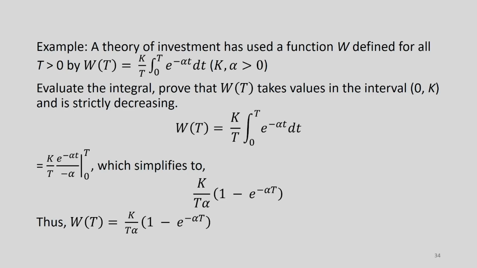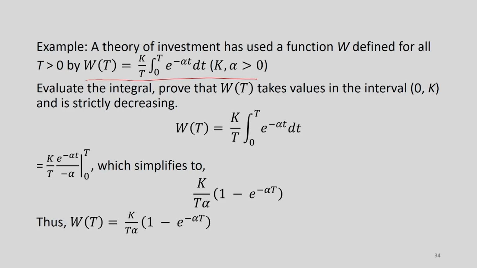Here is a problem from finance and economics. A theory of investment has used a function capital W defined for all capital T by W(T) equal to K divided by capital T, times the integral from 0 to capital T of e to the power minus alpha t dt.